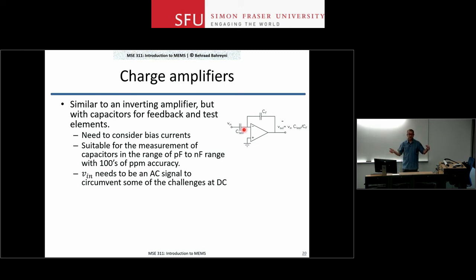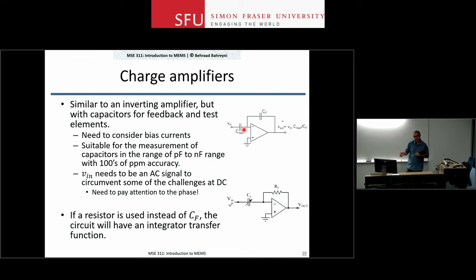A convenient AC voltage is a square wave in most situations. Square waves are easier to generate than sine waves. So you can use a square wave and measure the output amplitude and then figure out C test that way. If you have parasitic resistances, you may have some phase difference between the input and output.